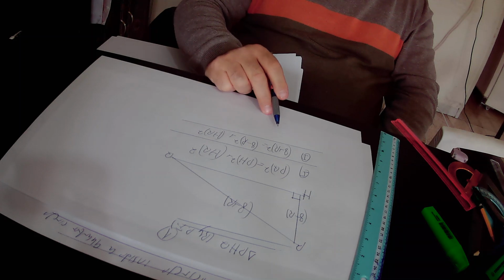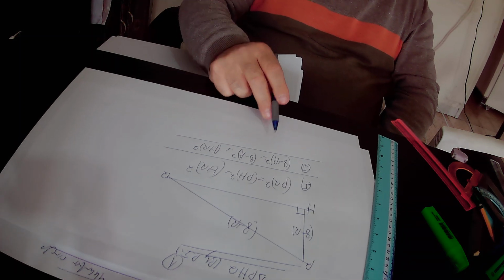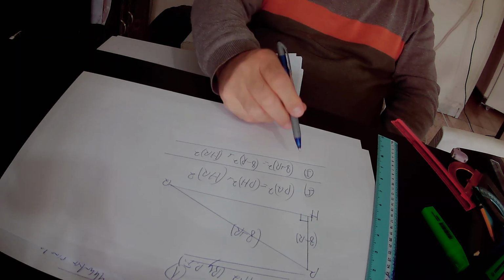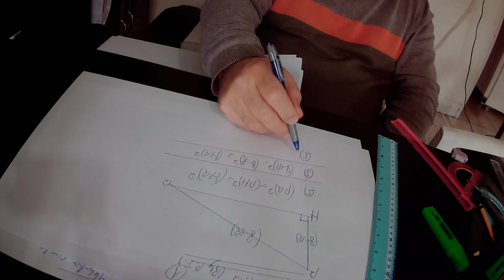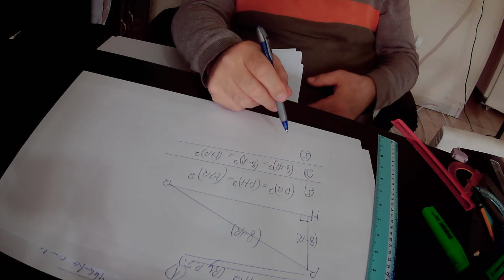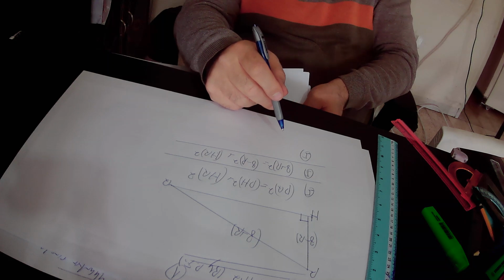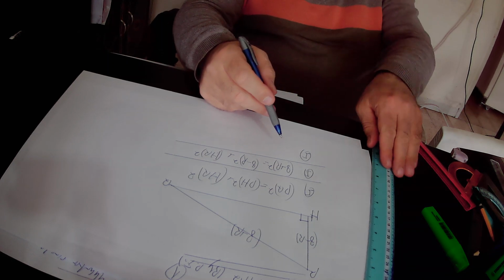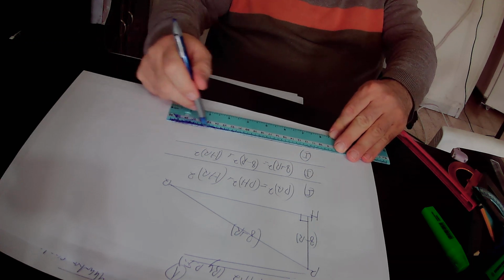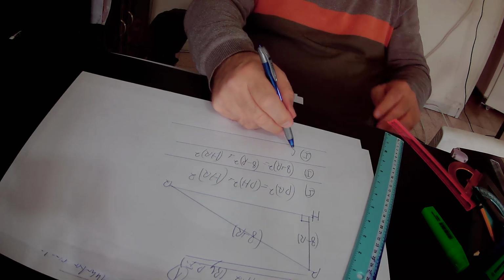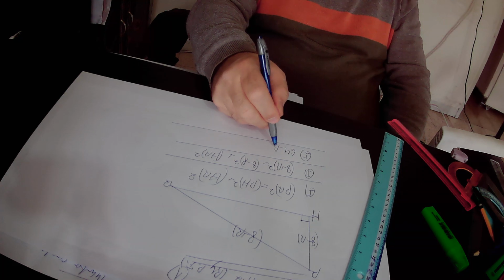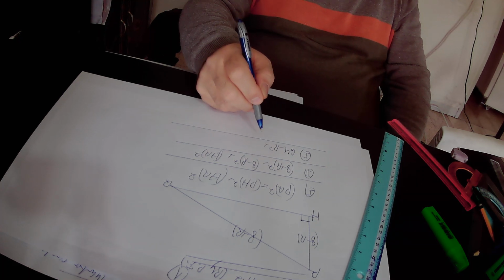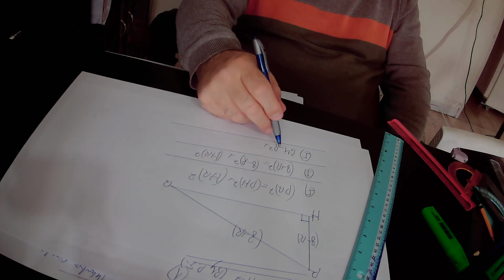Here we'll open the brackets on both sides of this equation, equation 1. On this side of equation 1 we have (8 plus R) square, which equals 8 square, that is 64, plus R square, plus 2 times 8 times R, that is plus 16R.